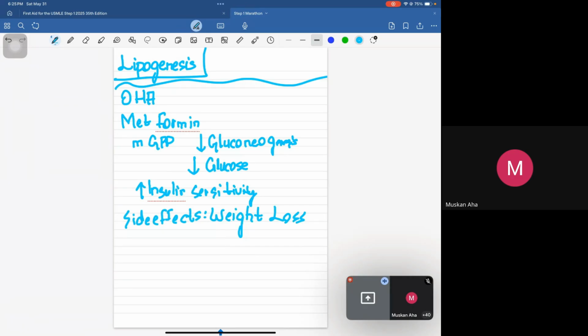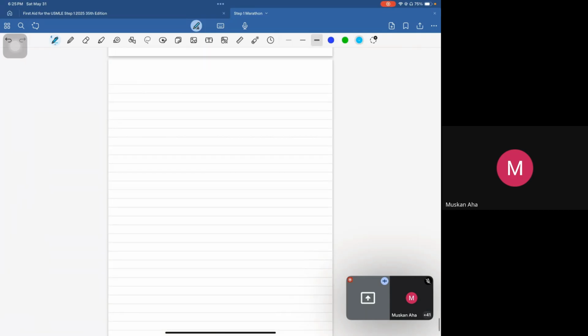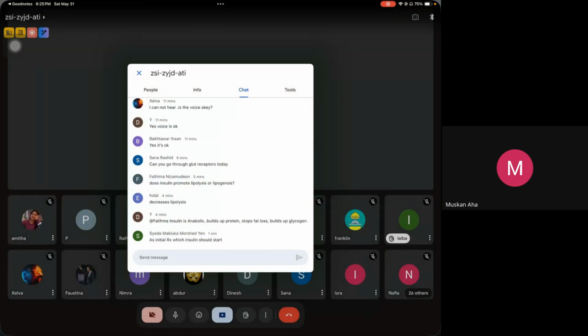You are going to see whether this drug causes hypoglycemia or not, because some diabetes drugs are going to cause hypoglycemia, whereas others are not, and you are going to keep in mind which drugs cause hypoglycemia. Secondly, some diabetic drugs cause weight gain, whereas other diabetic drugs lead to weight loss. Now you're going to see which drugs.